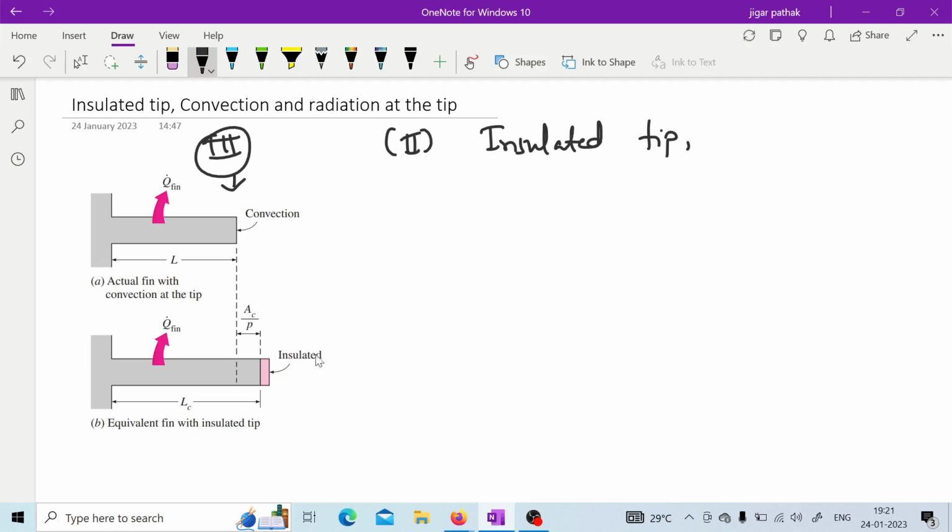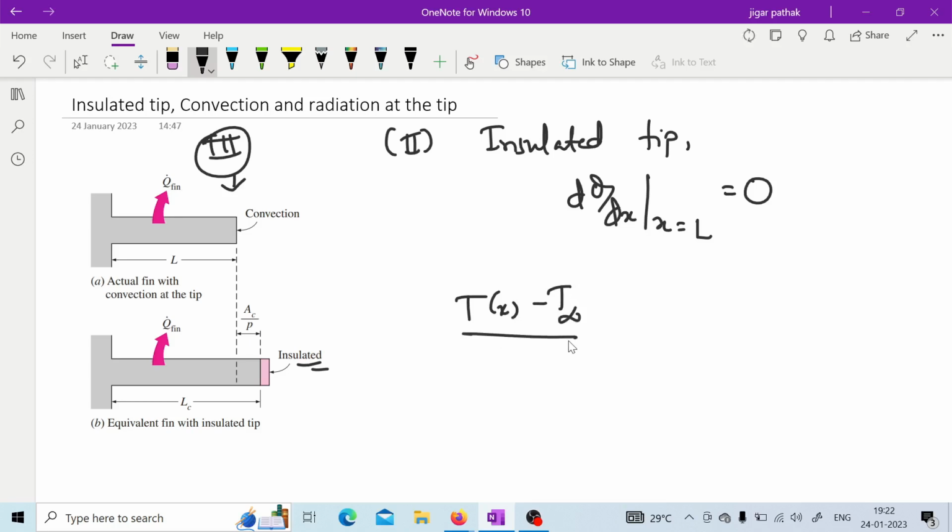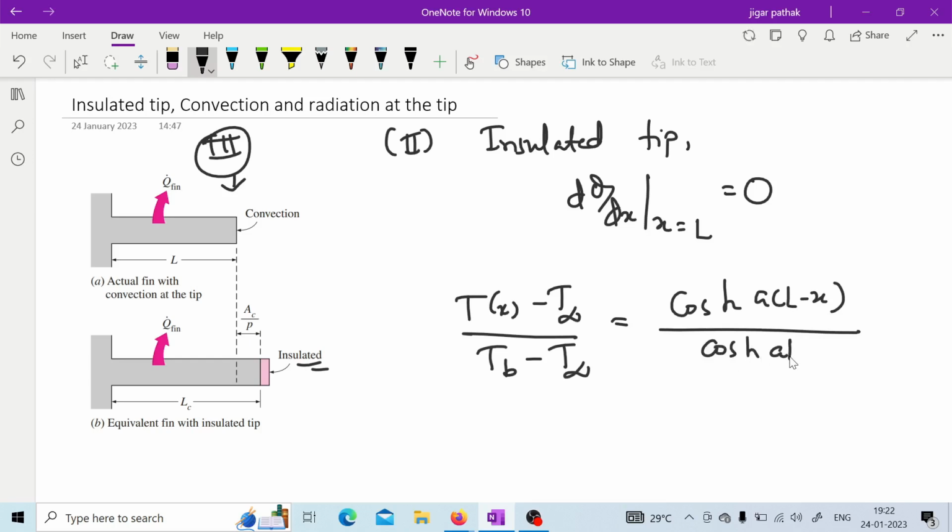So the second case is this one, where the tip is insulated. In that case, your d theta by dx at x equal to L will be 0 because heat transfer will be 0. In that case, the temperature distribution results in this one. Temperature distribution can be given by this relation in case of an insulated tip.